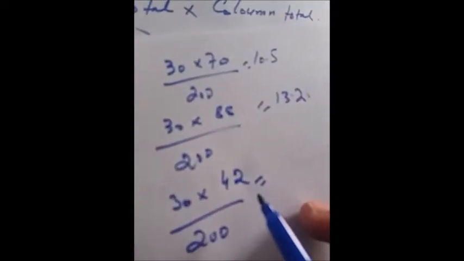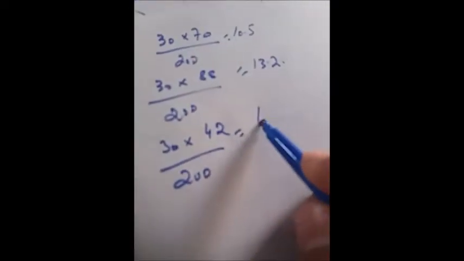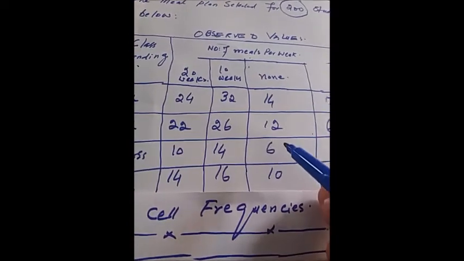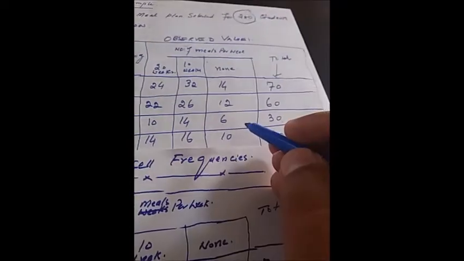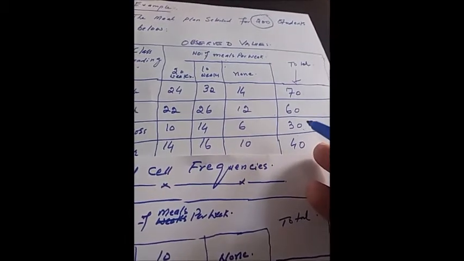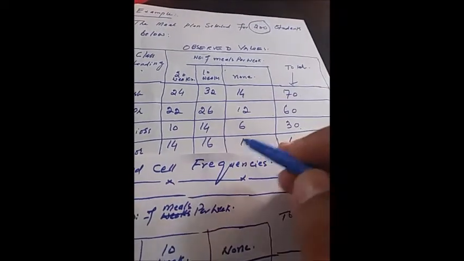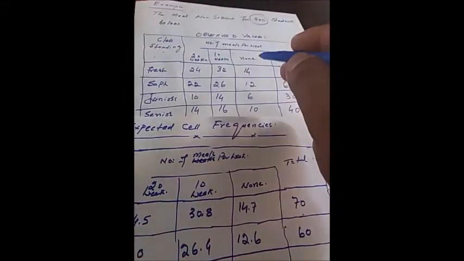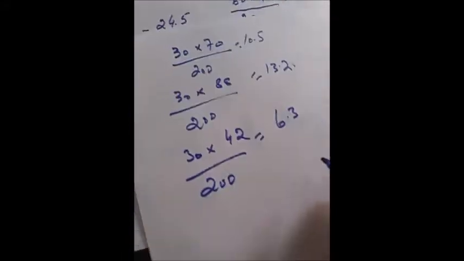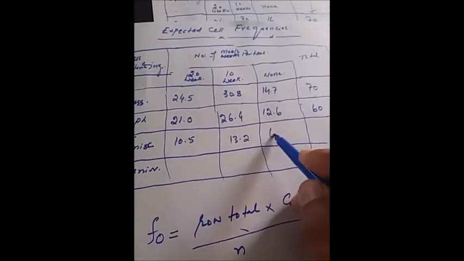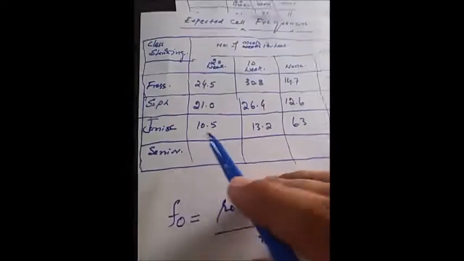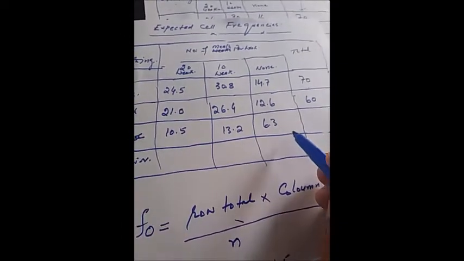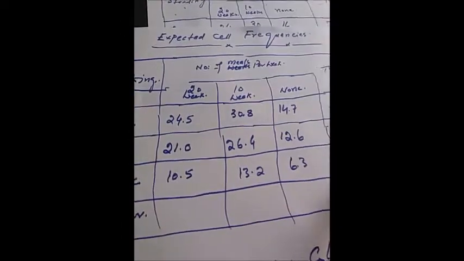So 30 multiply 42 divided by 200, that figure will be 6.3. In the observed value, this value is 6. Now from the observed value, we obtained the expected frequency for the none category, which is 6.3. So the total of 10.5, 13.2, 6.3 will be 30.